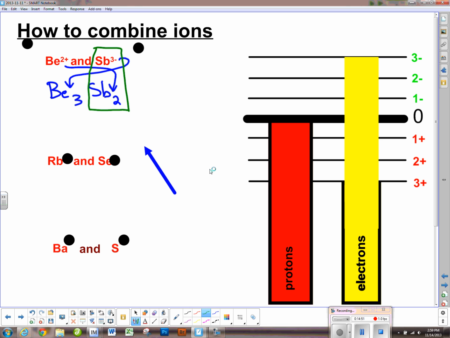So I'm going to block that out as well. And now, start with the subscripts. And we have 3 berylliums. What's the charge on beryllium as an ion? 2 plus. So we're going to have a 2 plus here. And what's our total?